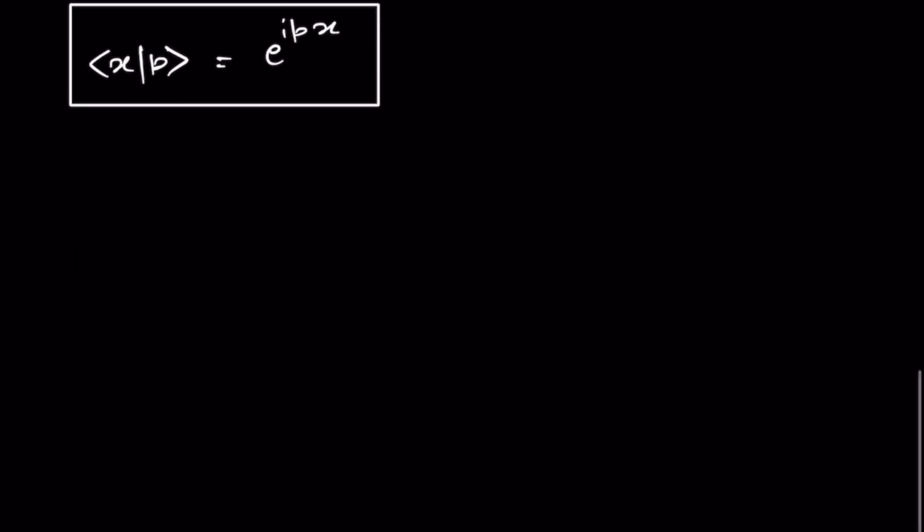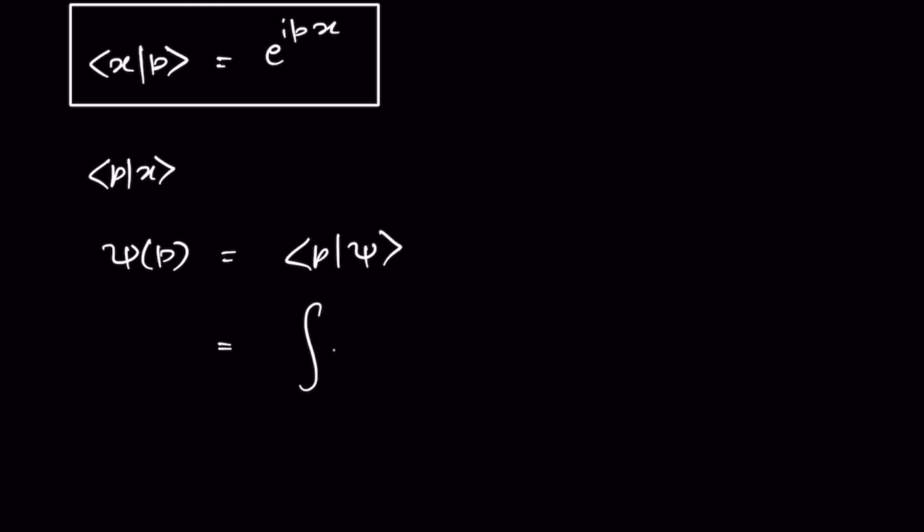Now for the reverse of this, if you want to find <p|x>, we can just say psi of p equals <p|psi>, and we insert the identity over the continuous position states, dx |x><x|.